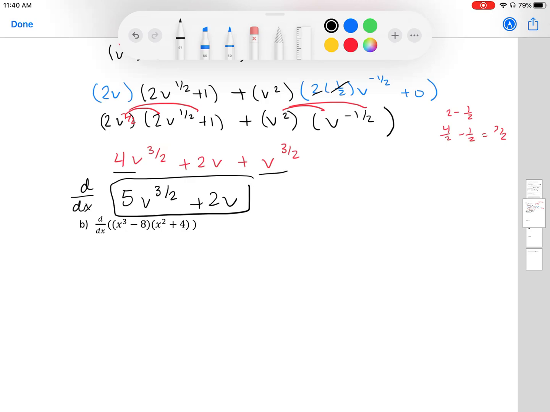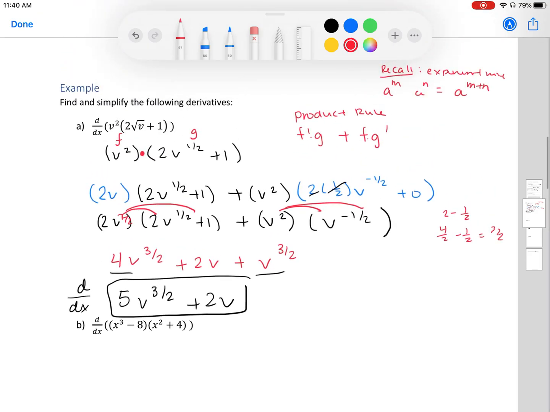We want to find the derivative of x cubed minus 8 times x squared plus 4. And yeah, you might be tempted to FOIL, multiply it out, but let's practice our product rule. So if this is our function f and that's our function g, our product rule is f prime times g plus f times g prime.